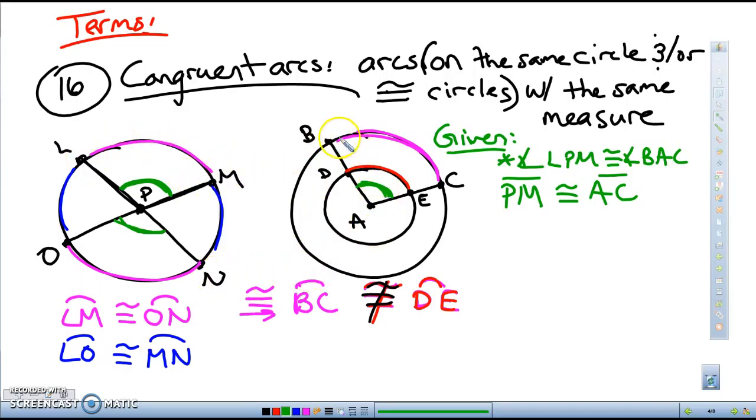So that would mean that arc BC is congruent to these two pink ones over here.